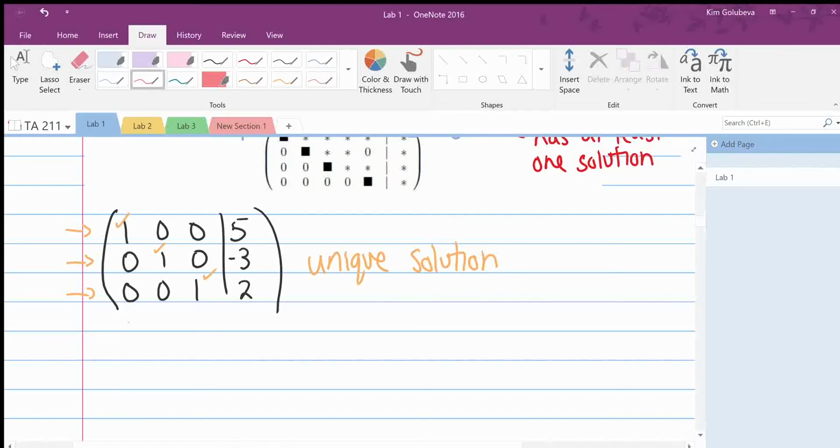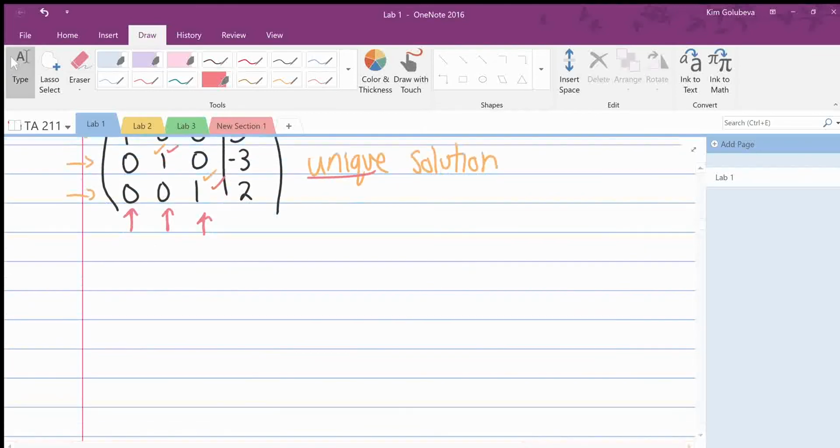And if you look at every single column here, there's a leading 1. So when there is a leading 1 in every single row and a leading 1 in every single column, then you have what's called a unique solution.